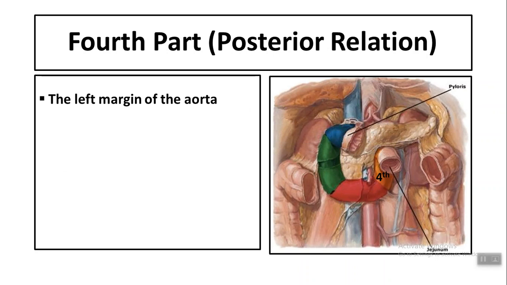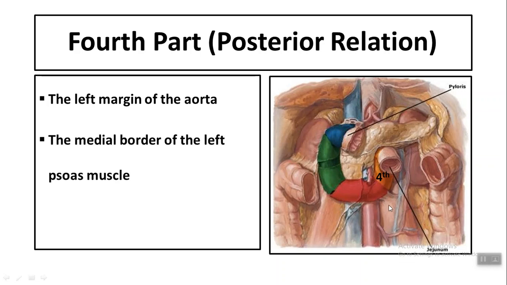Posteriorly, it is related to the left margin of the aorta and the medial border of the left psoas muscle.